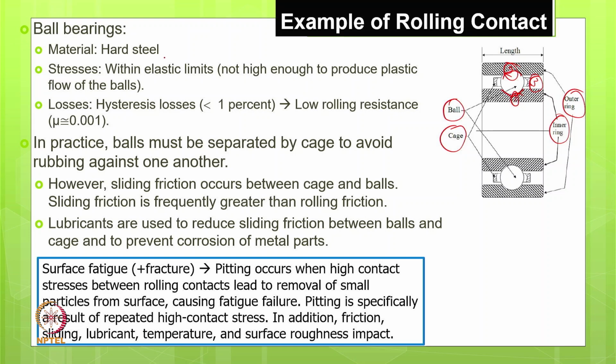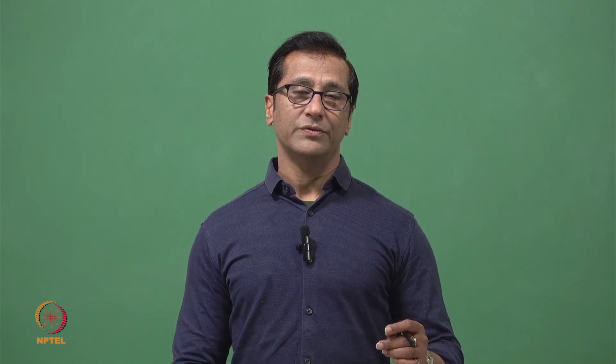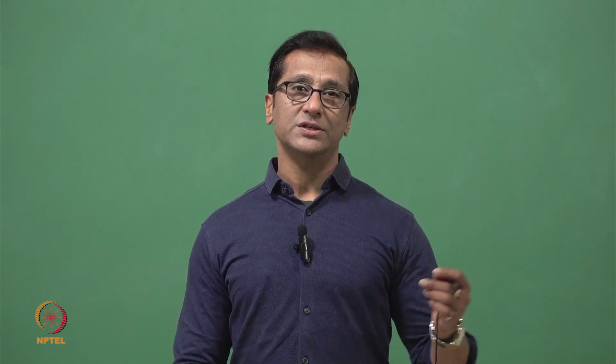Now we say that even though we are keeping the material hardness very high, whatever the load, there should not be any plastic deformation. Of course for plastic deformation they also use a static capacity, and they really measure and quote what the plastic level is and which load it can sustain without going through plastic deformation.